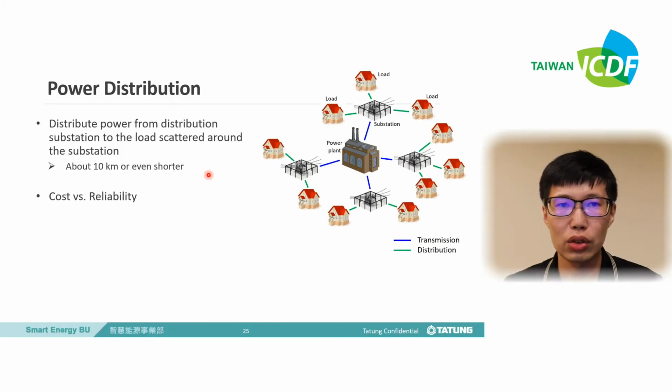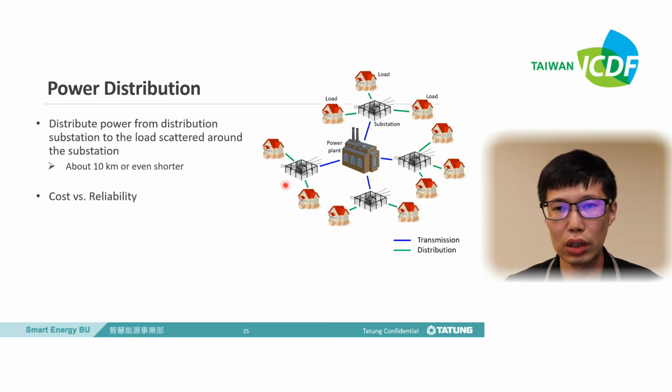And the third part of power system is the power distribution. After the power is transmitted to the distribution substation, the power will be distributed to the load scattered around the substation.